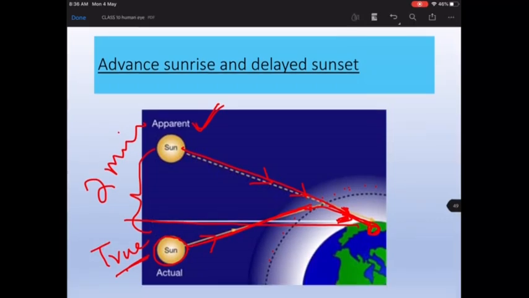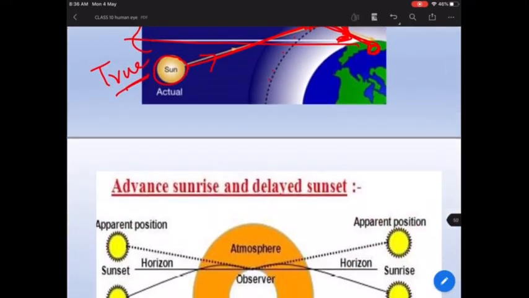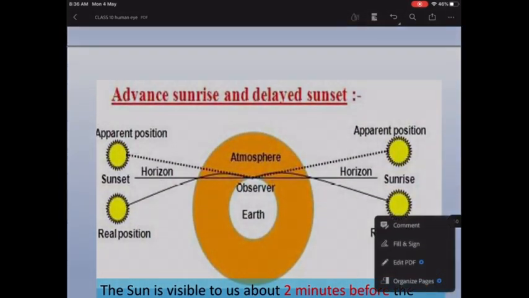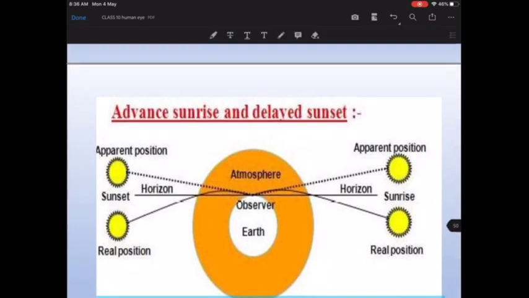The same thing is going to happen in the case of sunset also. Look at this. In the case of sunset, the sun's true position will be here. Okay, just a second.